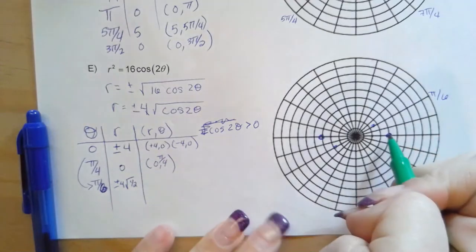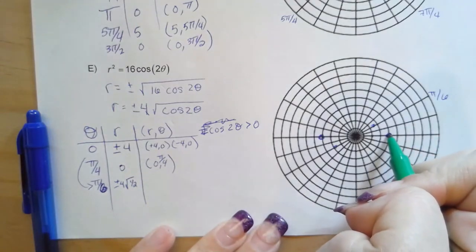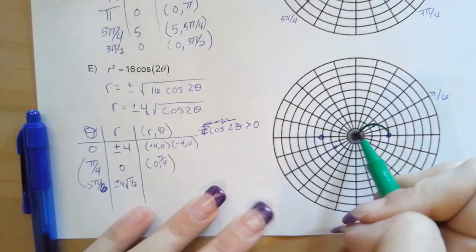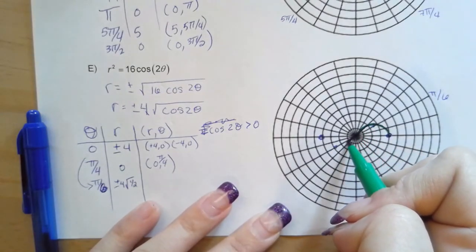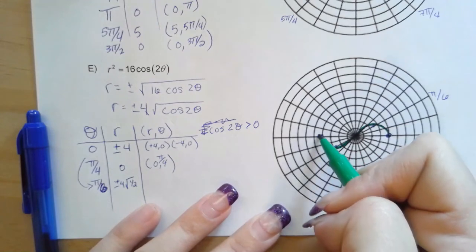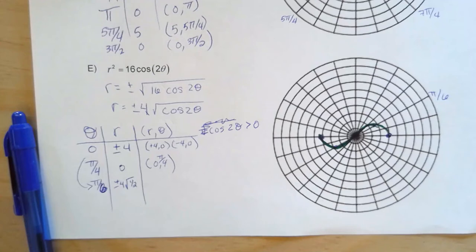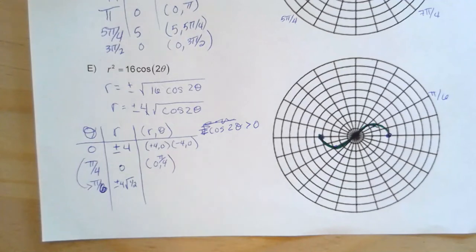Alright, so what does that tell me? That tells me I start at the 4 and go inward to 0. Same thing here, but I go here and go to that -4. So this is what I've gotten so far from this graph. Okay, now let's go back to that conclusion.